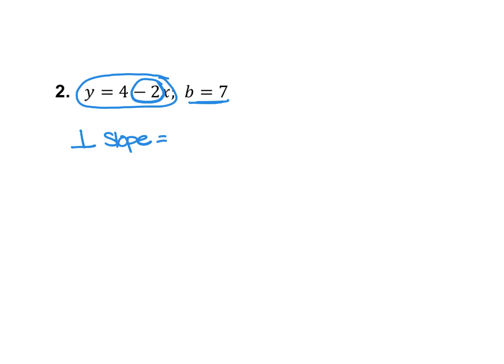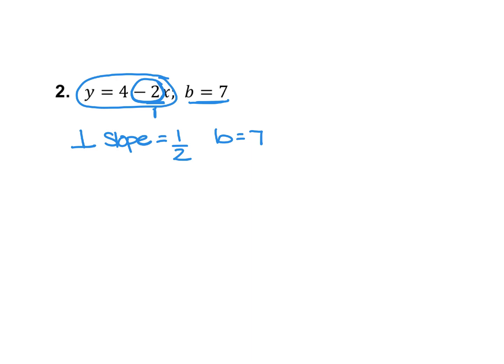So we need to find the opposite reciprocal of that slope. The opposite of negative is positive, and the reciprocal, or flip, of 2 all over 1 is 1/2. So our new line that's going to be perpendicular to the line given has a slope of 1/2, and it gives us that y-intercept of 7.